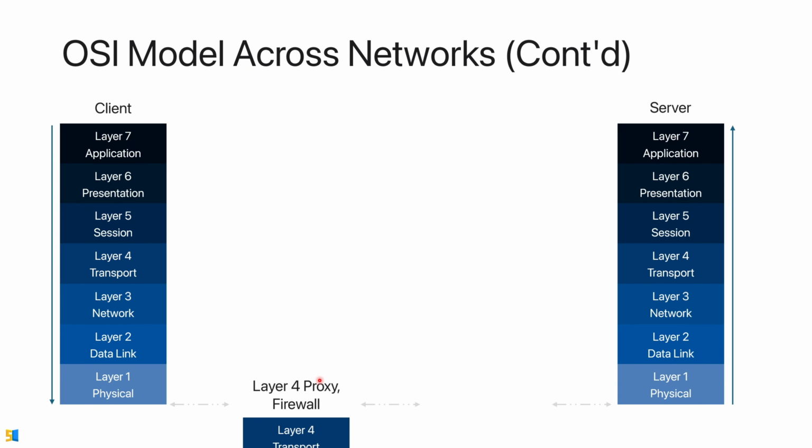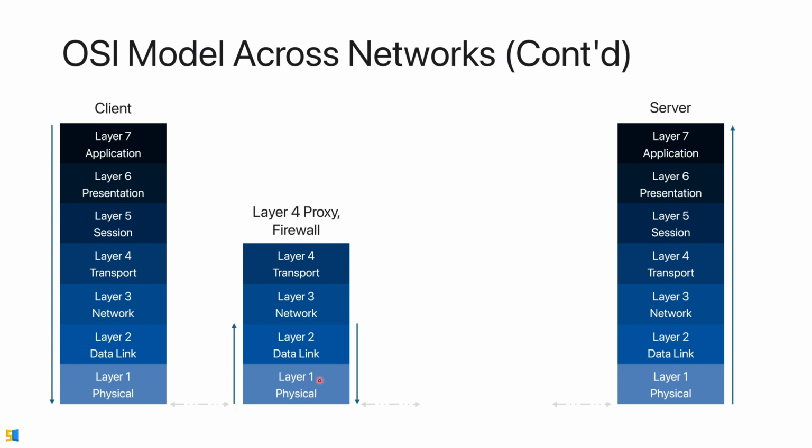How about we have a proxy, like a firewall. A firewall needs to block or filter based on IP and also port, usually.